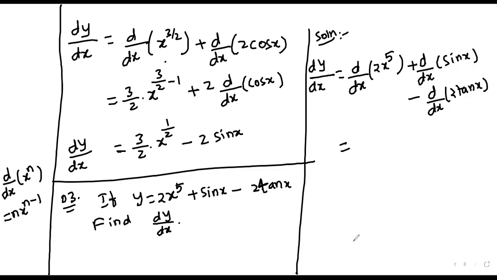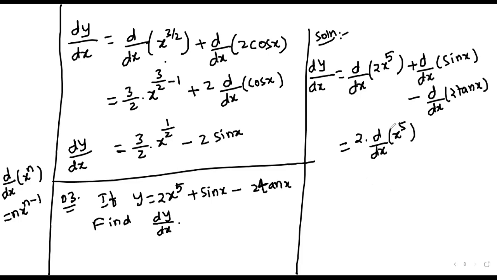First term, use another formula, sir. d by dx of x power n equals n x power n minus 1. Very good. But here we are having 2x power 5 now. 2 is a constant, so we should bring 2 outside, then d by dx of x power 5.